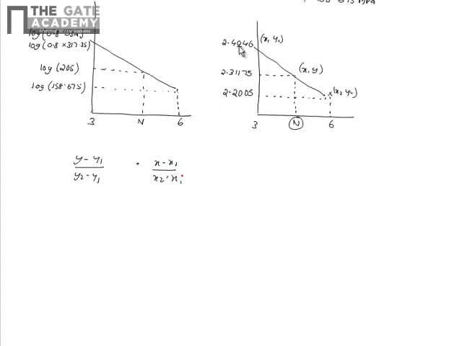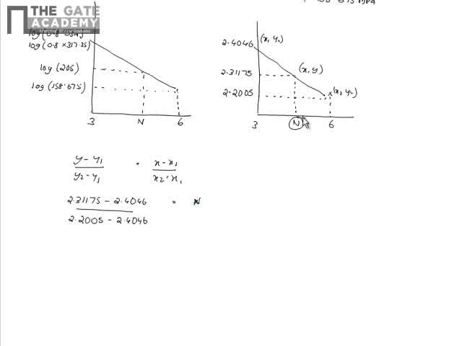Here y1 will be 2.4046, y will be 2.31175, and y2 will be 2.2005. x1 will be 3, x2 will be 6, and x is what we had to find out. So we'll substitute these values here. Y is 2.31175 minus y1, which is 2.4046, divided by y2, which is 2.2005, minus y1, which is 2.4046.